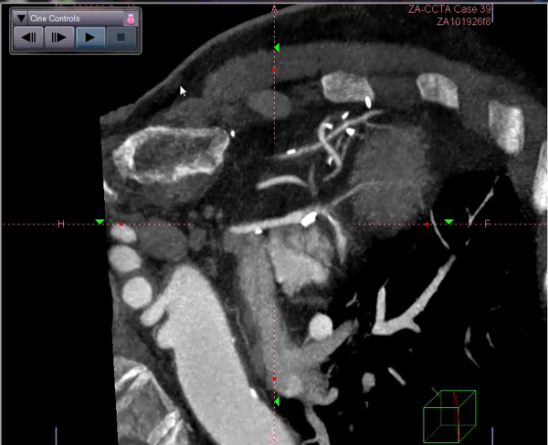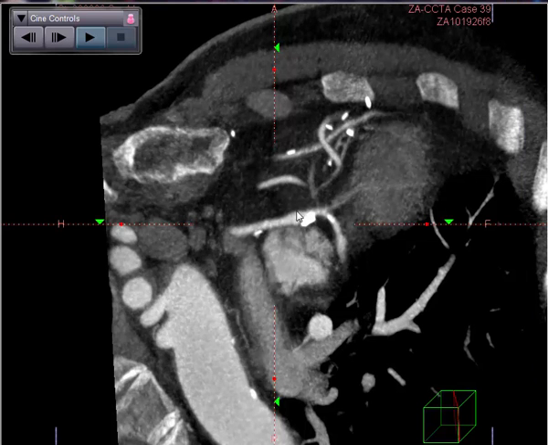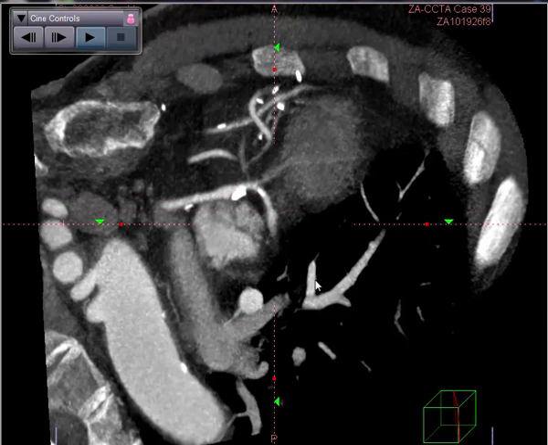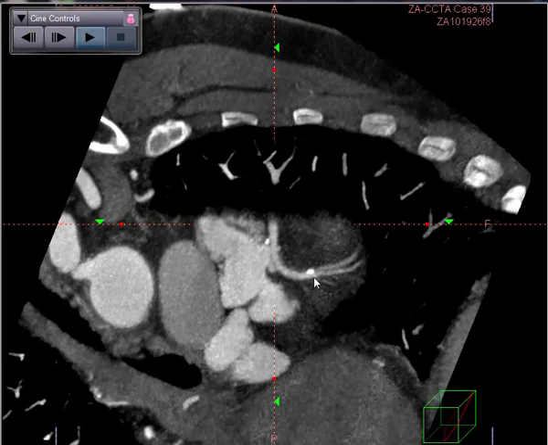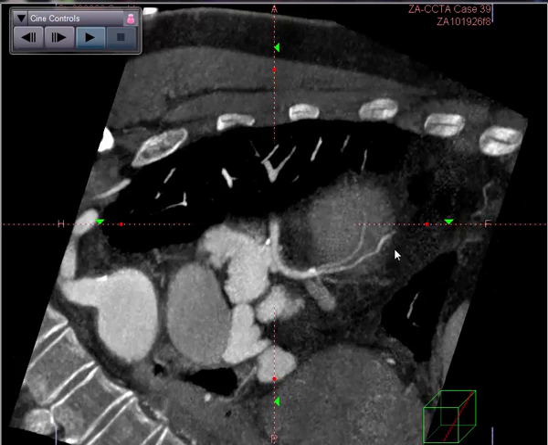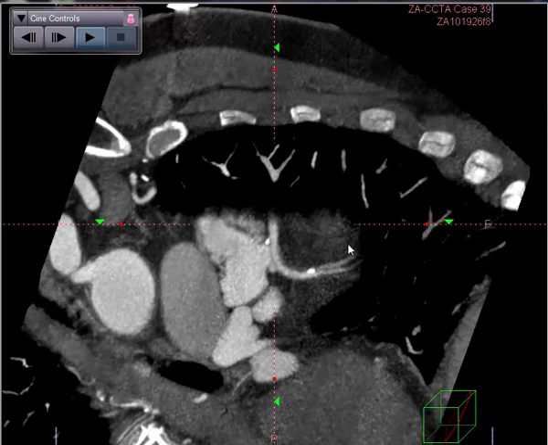Let's see if we can change the phase a little bit better. But the graft also then takes a point off. It goes here and then tends to go somewhat posteriorly. And you can see that that graft now continues on to what appears to be an obtuse marginal with reasonably good flow. So in fact, this graft goes not only to a diagonal, probably the D1, but also continues on to the region of the obtuse marginal.